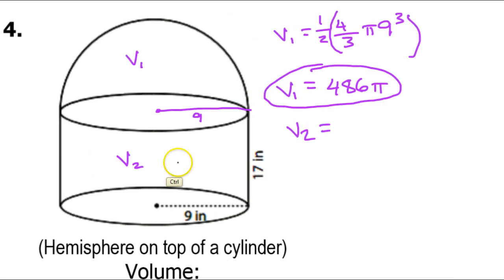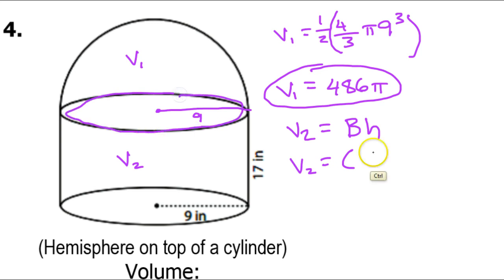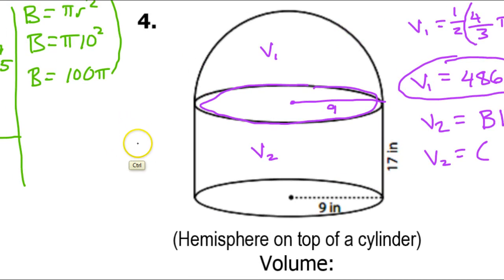So volume 2 is a cylinder. I know that the formula for the volume of a cylinder is the area of the base times the height. So volume 2 should equal, well, the area of the base is a circle. Alright, this is the base of the cylinder. And the area of a circle, in fact, I'm going to do this off to the side, like I often do.